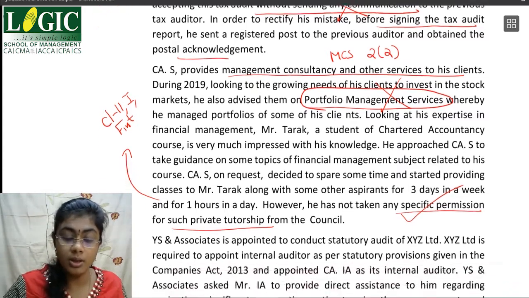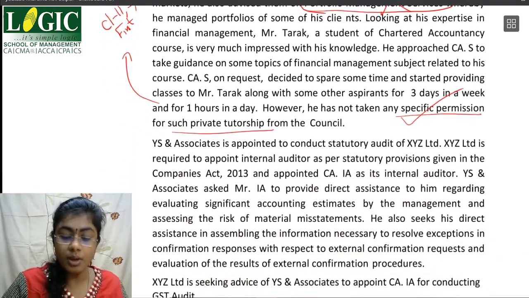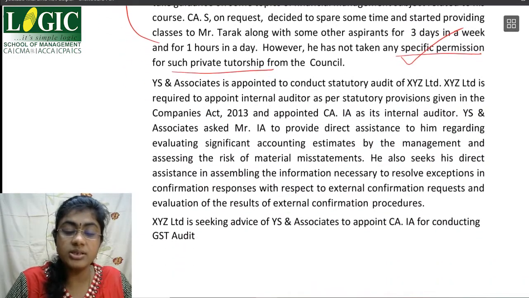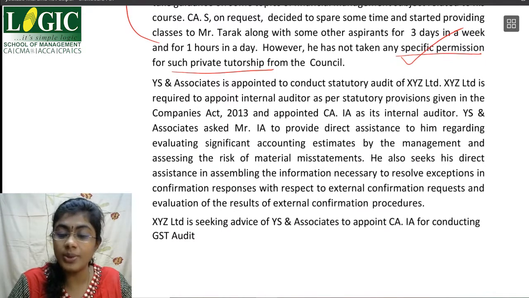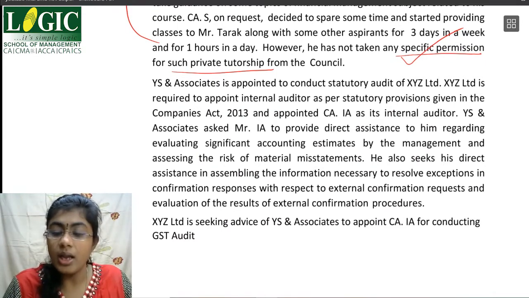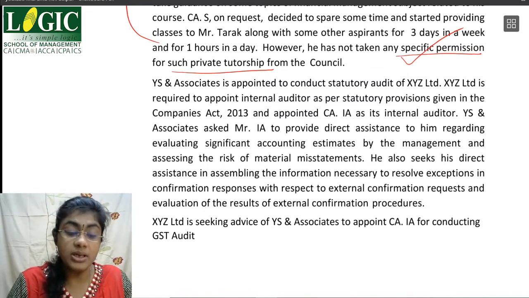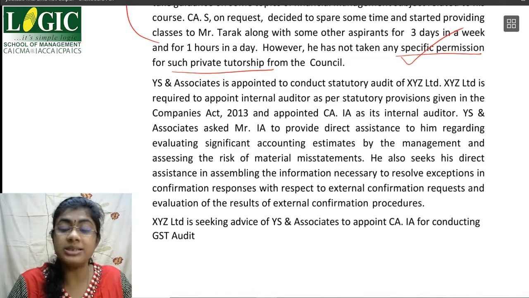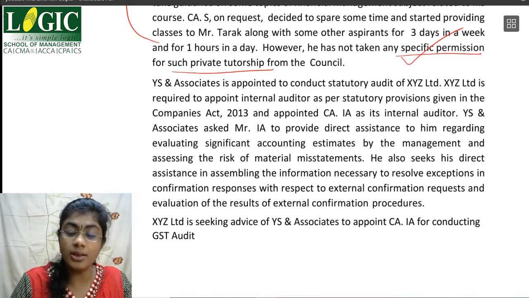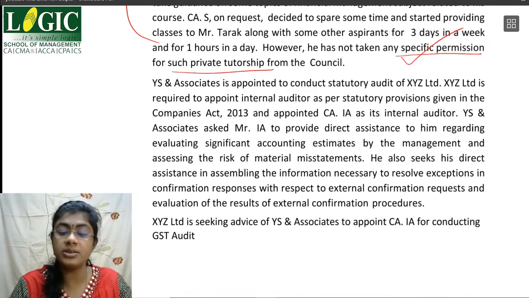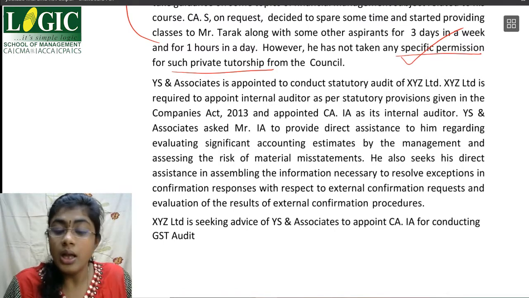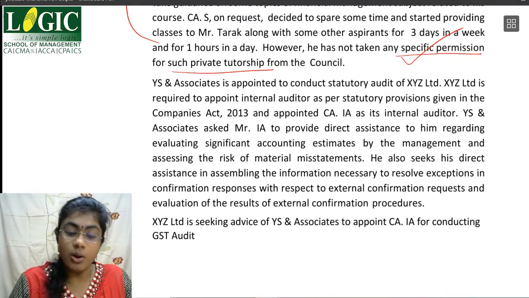Now, moving to the next para. YS Associate is appointed to conduct the statutory audit of XYZ Limited. XYZ Limited is required to appoint an internal auditor as per statutory provisions given in the Companies Act, and appointed CA IA as the internal auditor.